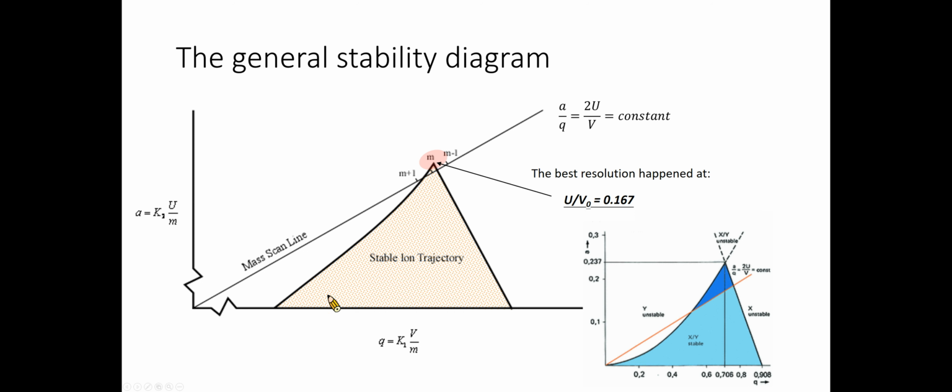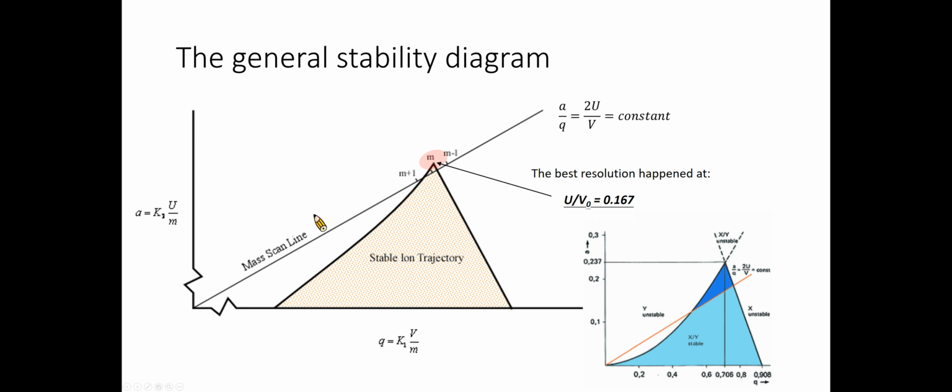The shaded area under the curve represents values of AC and DC voltages where the ions have a stable trajectory through the potential and will reach the detector. The white space outside the stability diagram indicates AC and DC voltages where the ions would not reach the detector.